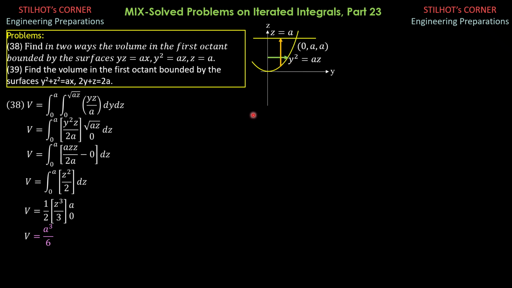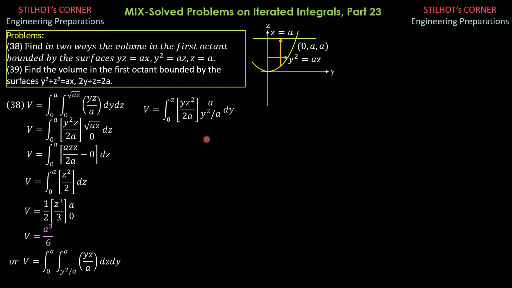So volume equals integral 0 to a, then integral y squared over a to a, height yz over a, dz dy. Integrating with respect to z, this is yz squared over 2a from y squared over a to a, dy. Substituting the limits for z, that would be y a squared over 2a.